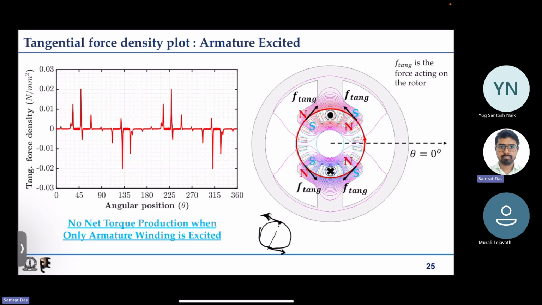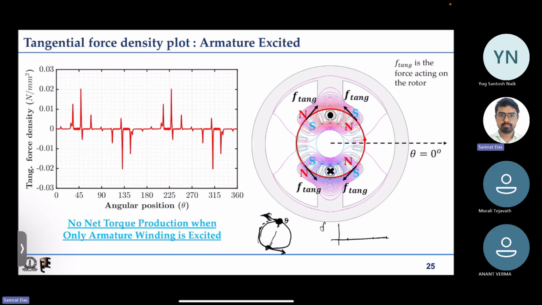So if I plot the force along the air gap, for this very ideal case, if this is theta, then it will be theta, pi plus theta. So this is theta, this is pi, and again this is theta, this is 2 pi. If I consider that the force is only applied at this point, then I will have the tangential force versus theta something like this.